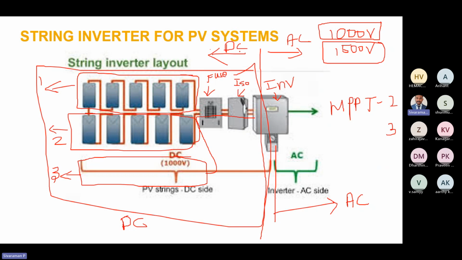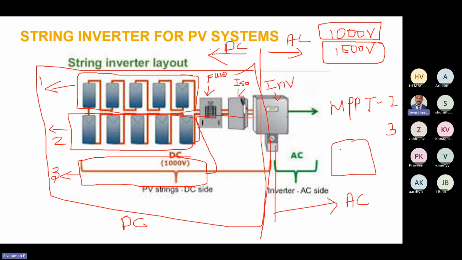Similarly, if the number of MPPTs is 2, 3 or 4, what we have to do for the string design: if the number of MPPTs in the inverter is 3, we have to frame the number of strings as 3. Each string has to be connected to its own MPPT of the inverter.